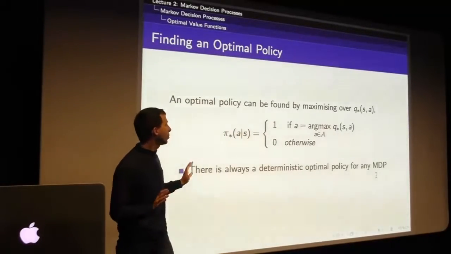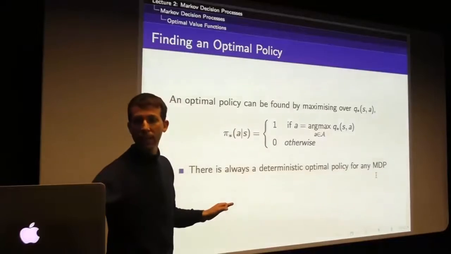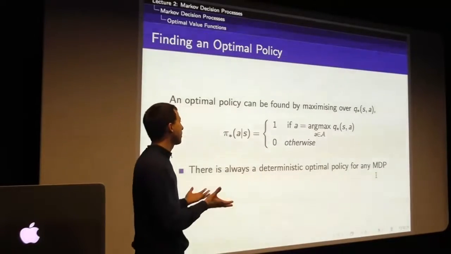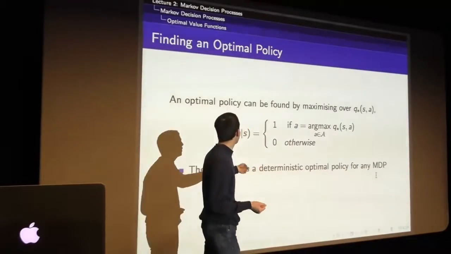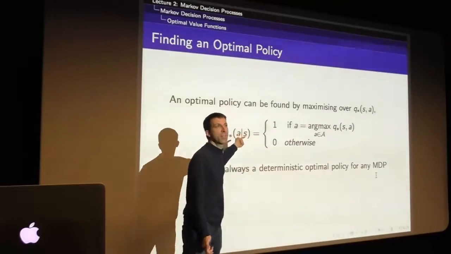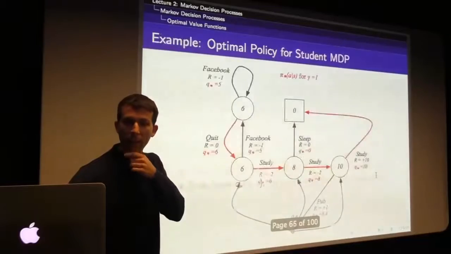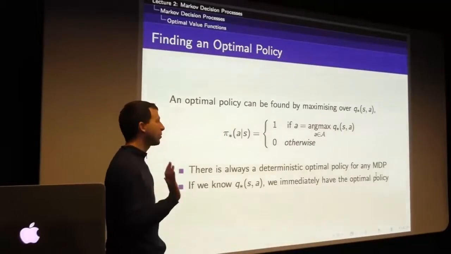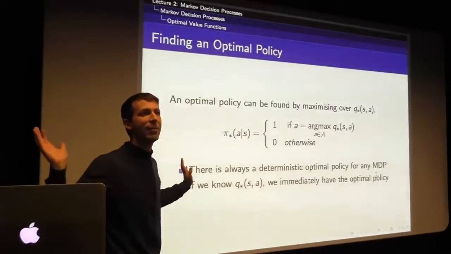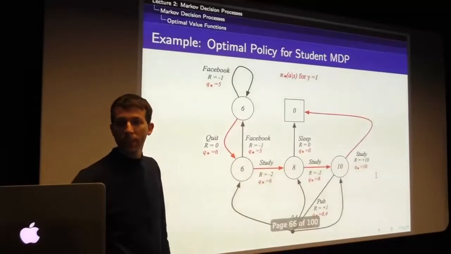And there is always a deterministic optimal policy. So not only is there an optimal policy, but there's a deterministic optimal policy, and this gives you one such deterministic optimal policy. And the good thing about this is, once we've got Q star, we're done. The game is solved. We're happy.